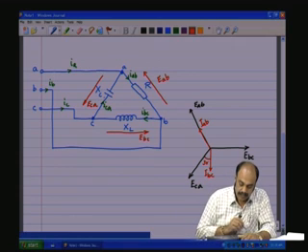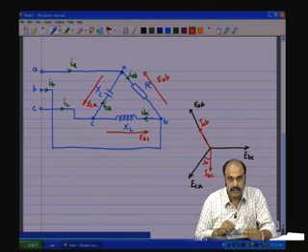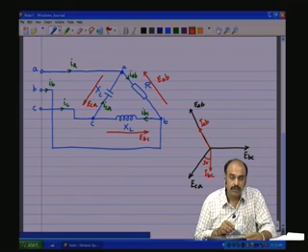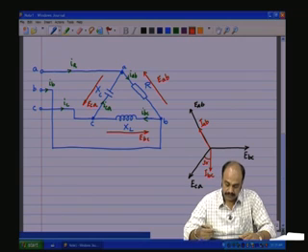Now, coming to the capacitive load, what is the nature of the current? The current through a pure capacitive load will lead the voltage across the capacitance by 90 degrees.